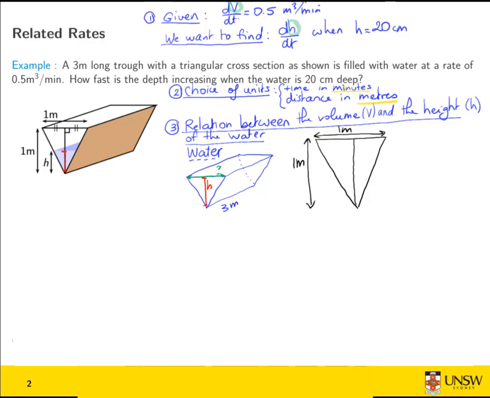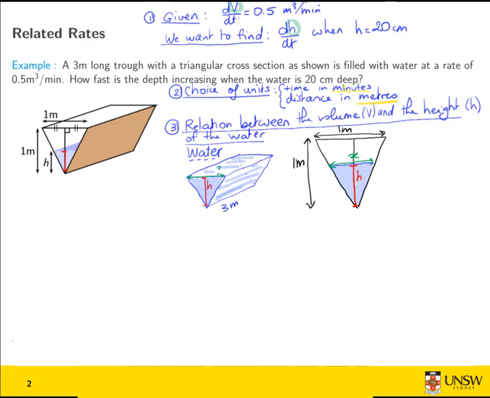The trough will be black and the water will be blue. I've added the water. So I know that this distance is h, and the distance I'm interested in is this one. Since it's what I'm looking for, maybe I can call it x. And it should be possible to calculate it, right?